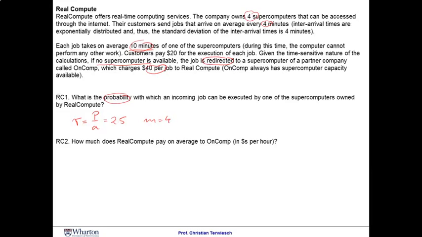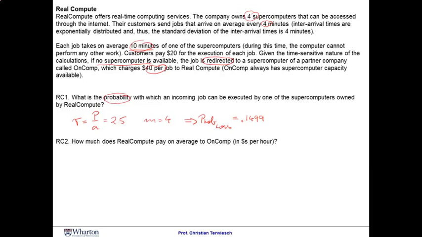We then look at the table that I had mentioned in the lecture, that is posted in the wiki for the current week. Look at the table, and there you will find that the probability of a loss with r equals 2.5 and m equals 4 is 14.99%.